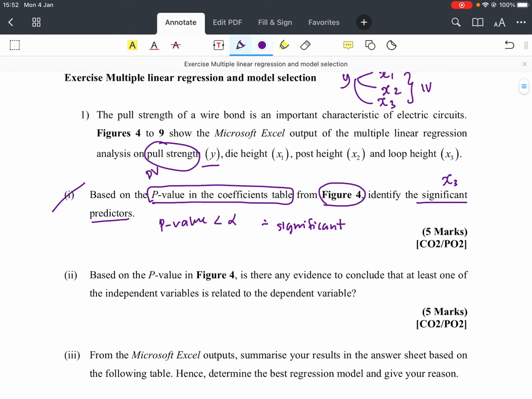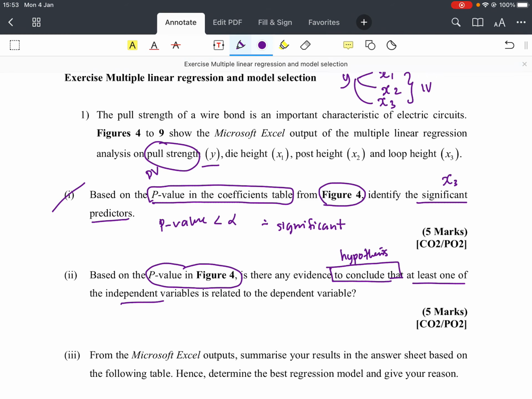Okay, based on the p-value in figure 4, is there any evidence to conclude that at least one of the independent variables is related to the dependent variable? When we have the word conclude, it is a hypothesis test. So in multiple linear regression, what do we want to test?